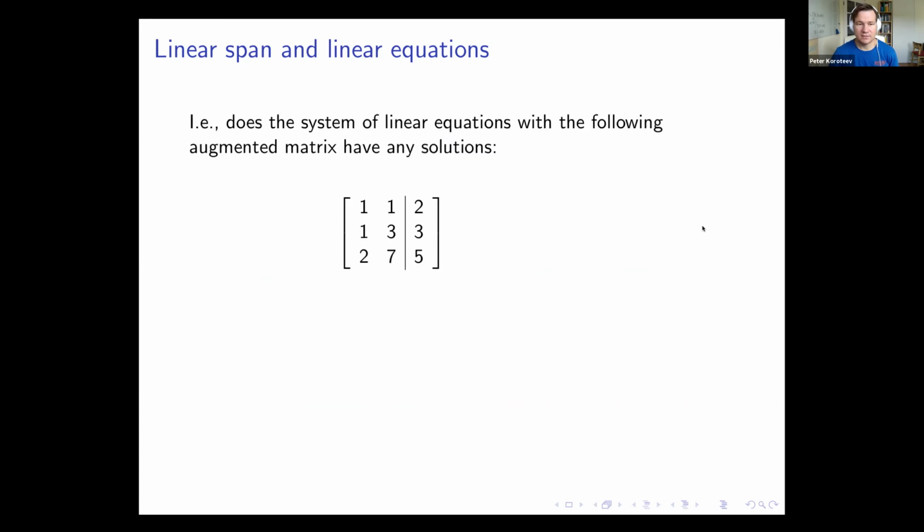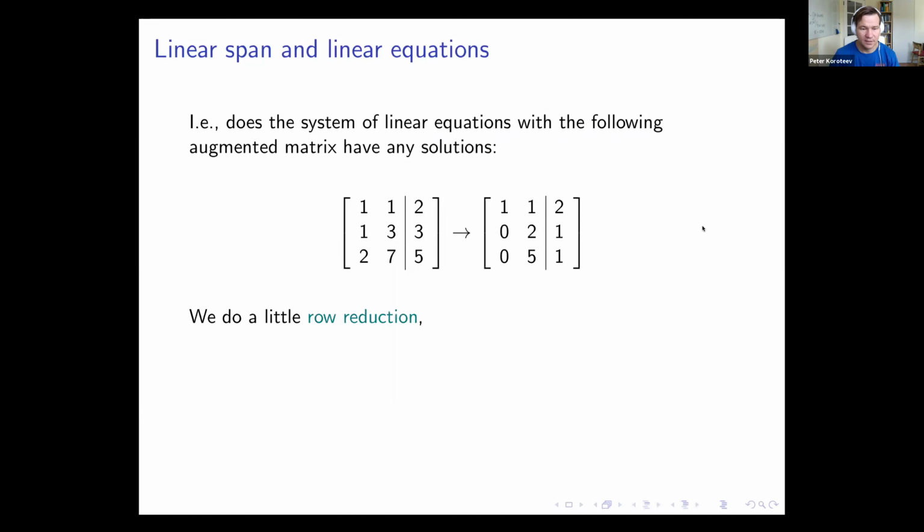And we know how to answer this question, right? If it does, then the system of linear equations with the following augmented matrix should have a solution, right? So if it does, then this vector is inside the span. If it doesn't, then the answer is negative. So we can do a little row reduction. We know how to do that by now.